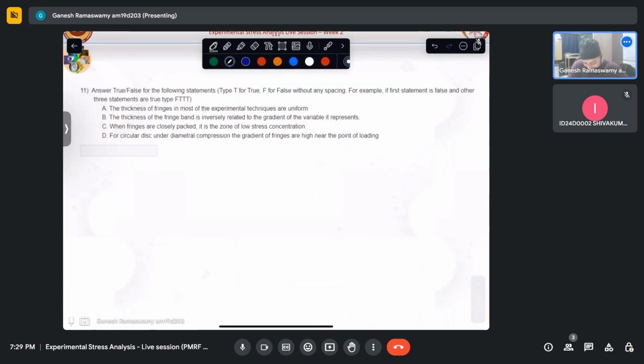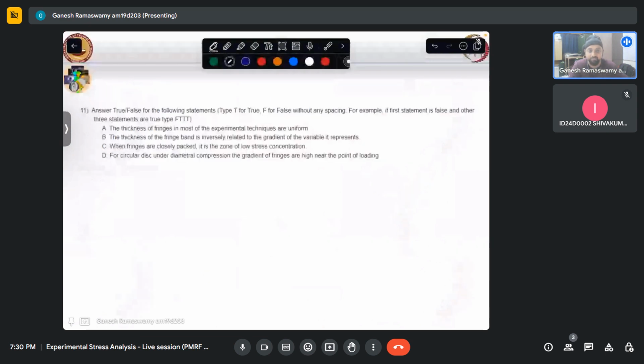Okay. Answer true or false. Similar kind of question. The thickness of a fringe in most of the experimental techniques is uniform. Thickness of a fringe has nothing to do essentially with the experimental techniques. It has to do with the physics of the problem.